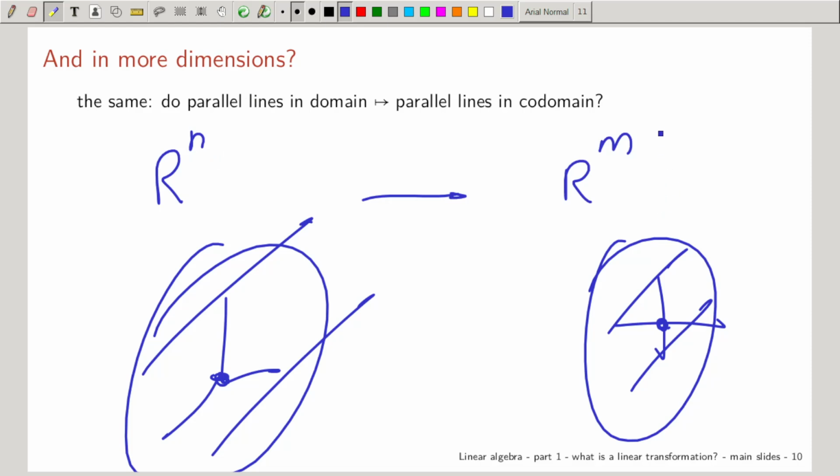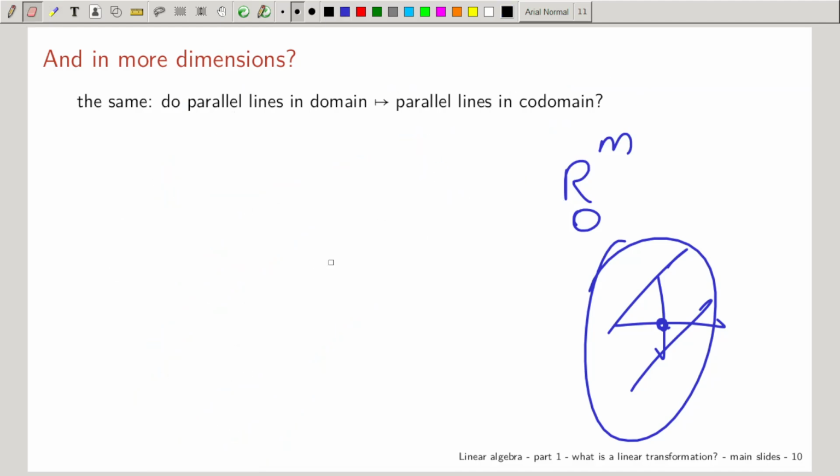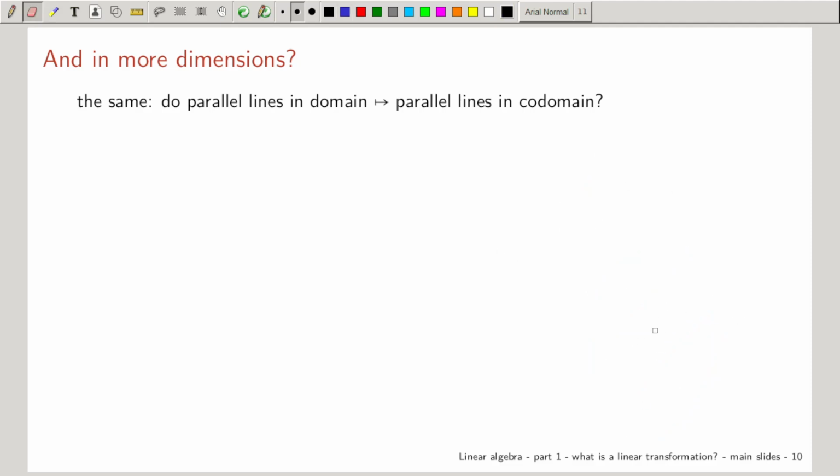The two questions that you've got to ask yourself are: is parallelism preserved? Is 0 from the domain mapped into 0 of the codomain? So it's completely general. If you have two parallel lines in R2, and a linear transformation such that the image is just a point, like you said, you've got to preserve the spacing.